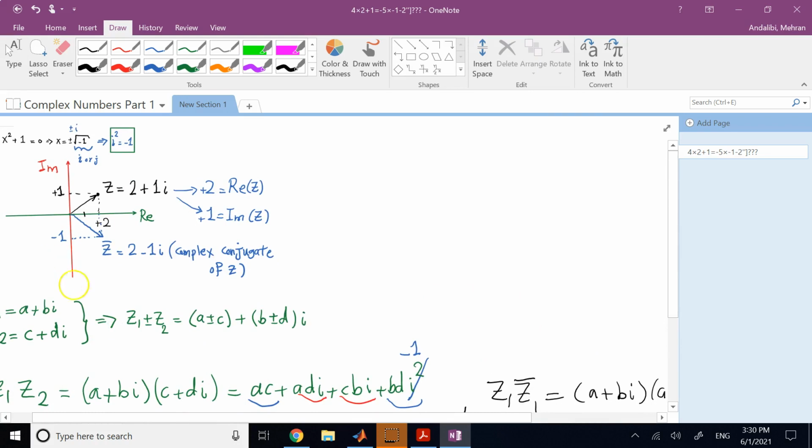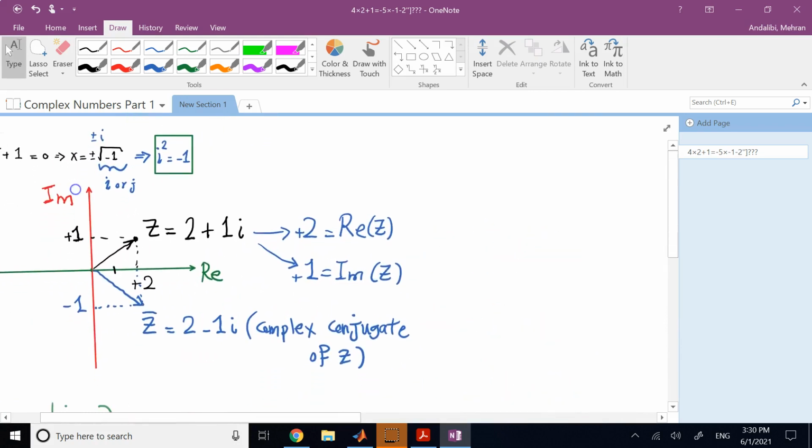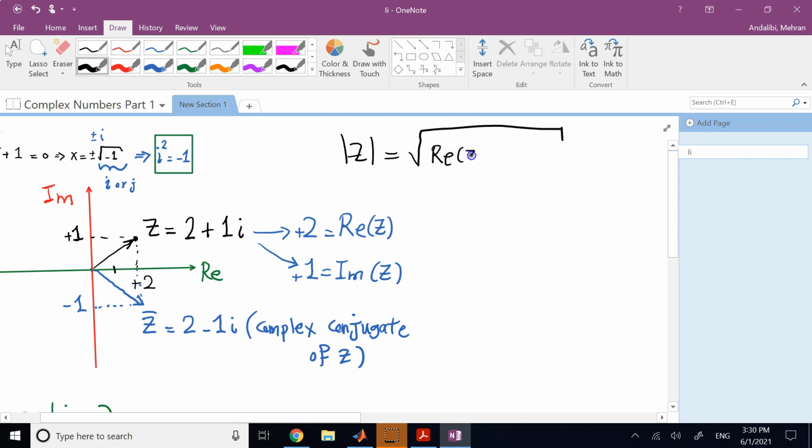Also, here, I have to define two new terms for you. Those are the magnitude or absolute value of the complex number, and the argument or the angle of the complex number. So some new definitions for you. The magnitude of the complex number is equal to just the length of the vector, which is simply what? The square root of the real part squared plus the imaginary part squared. As simple as that.